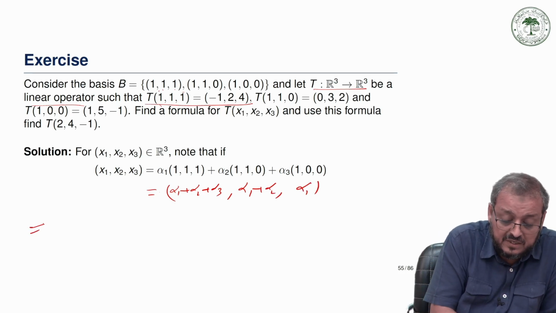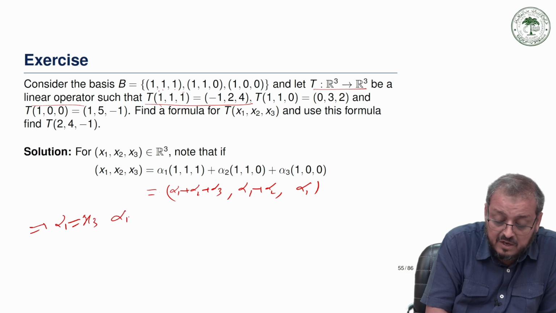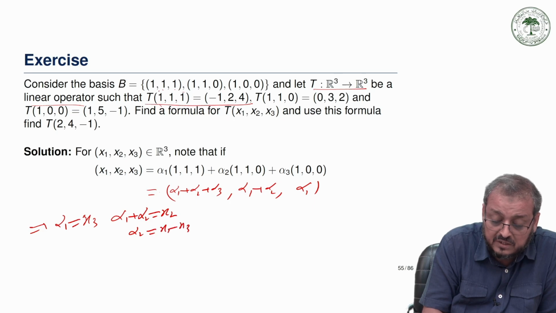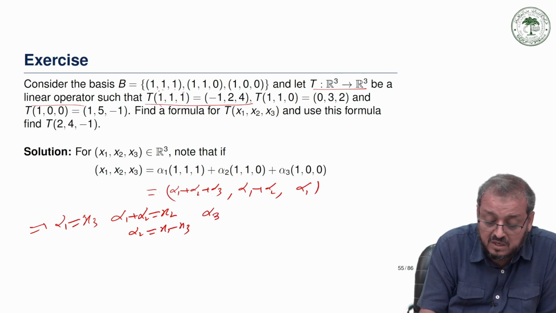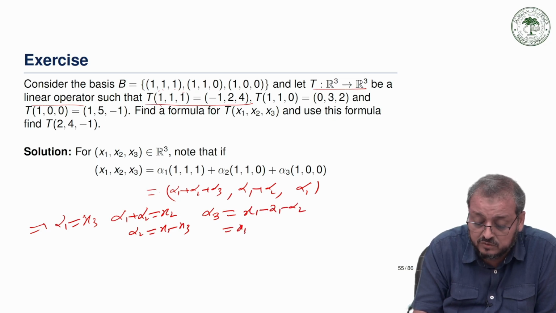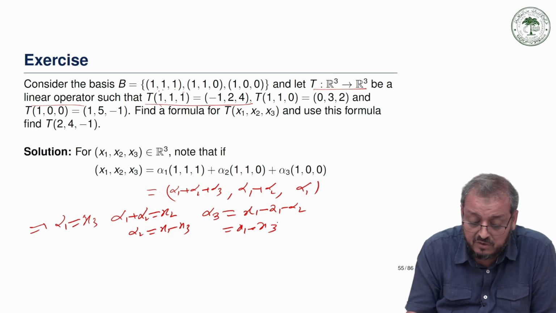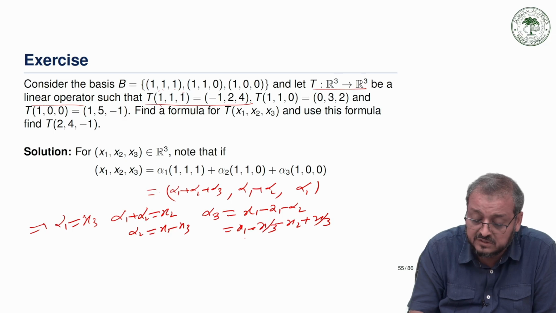So this implies clearly that alpha 1 is equal to x3, and alpha 1 plus alpha 2 is equal to x2, so alpha 2 is equal to x2 minus x3. Alpha 3 is equal to x1 minus alpha 1 minus alpha 2, so x1 minus x3 minus x2 plus x3; the x3 cancels out, so we have x1 minus x2.